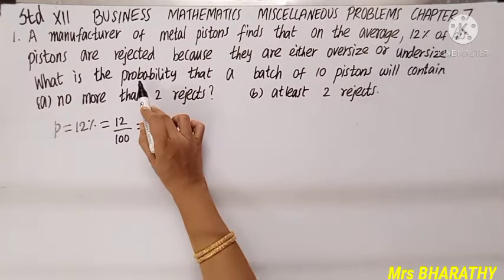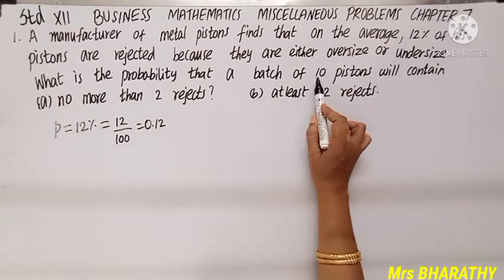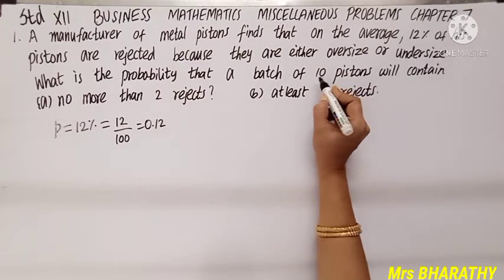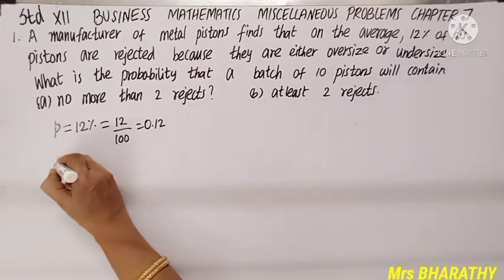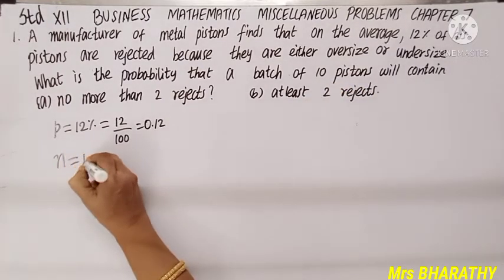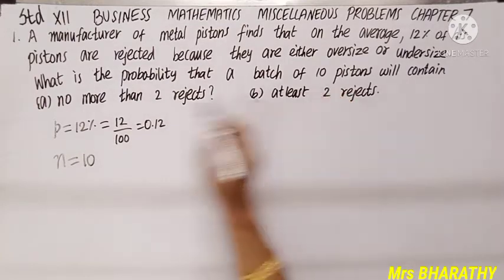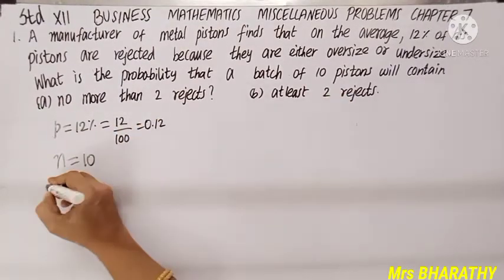We need to find the probability that a batch of 10 pistons, so 10 pistons tells us to write n equals 10, has not more than 2 rejects.